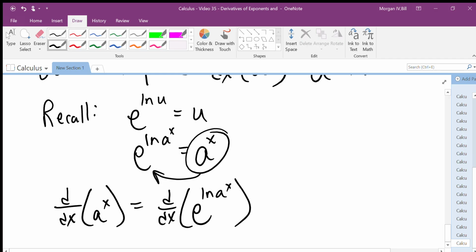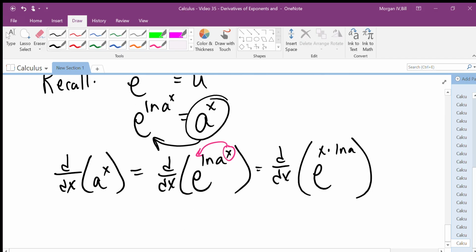Now we know how to find the derivatives of base e exponents. But the first thing I'm going to do here is see how I have the natural log of a to the x. I'm going to take that x and walk it out in front of the natural log using the properties of logarithms. So this is going to be the derivative of e to the x times the natural log of a.